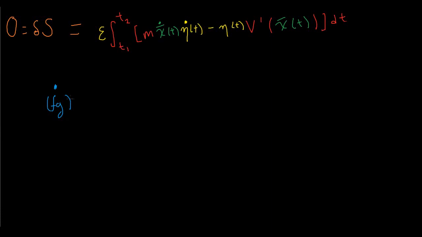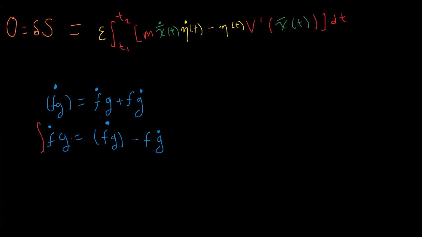And you differentiate with respect to f and g, that's equal to f dot times g plus f times g dot. All right? So we could rearrange this to say f dot times g equals f times g all dotted minus f g dot. And then we could integrate both sides.